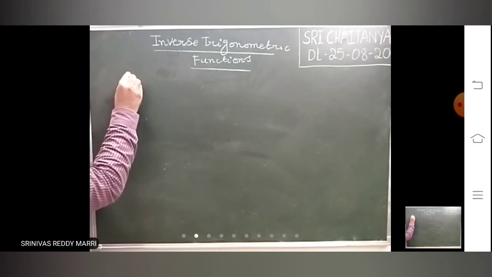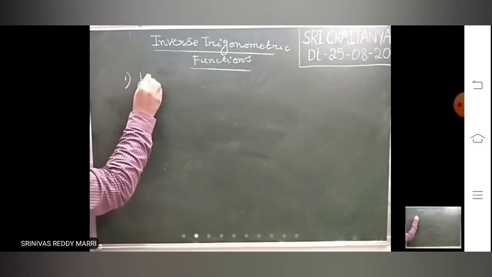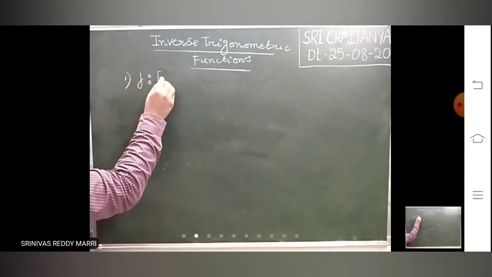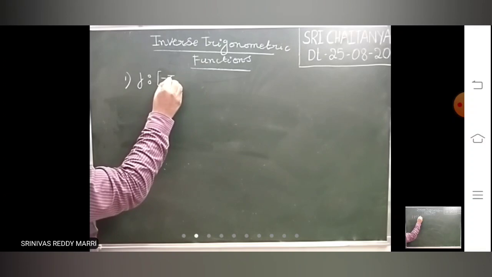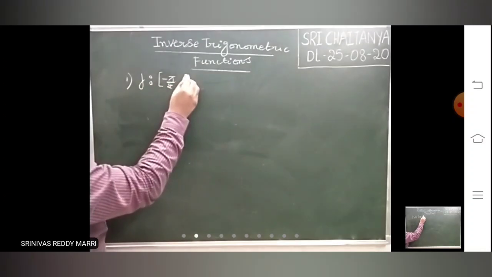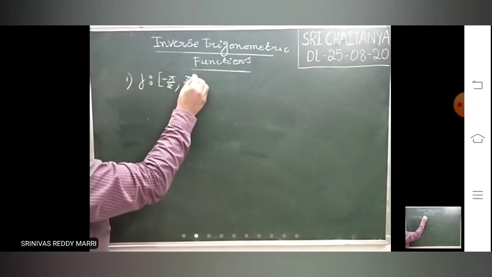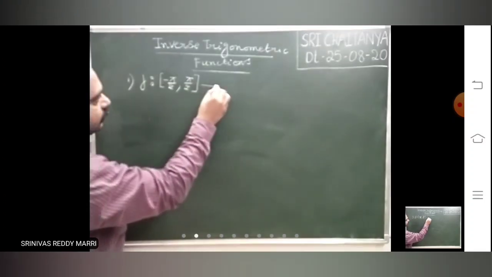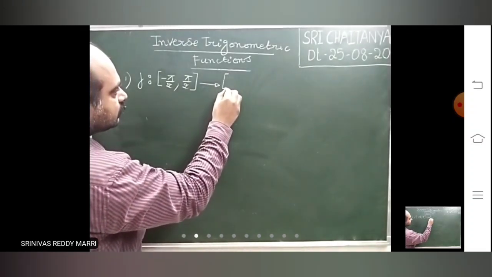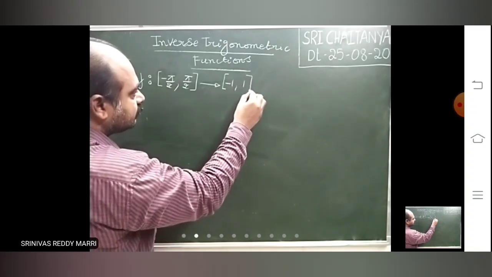number 1. Suppose f maps one interval, I am taking minus pi by 2 comma pi by 2, to minus 1 comma 1.